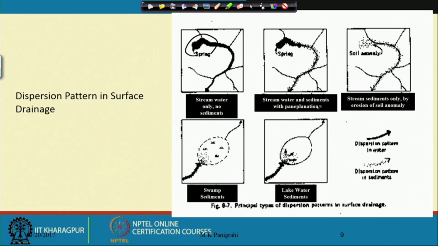Here, in the stream water and sediments with peneplanation, depending on the slope and topography of the area, and here the stream sediments only, by erosion of soil anomaly. In this case it is a swamp sediment, in this case lake water sediments. These are the principal types of dispersion patterns in drainage which we might expect and can plan the sampling program for a geochemical survey.